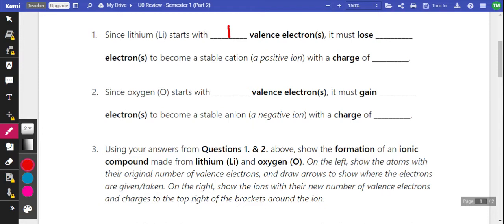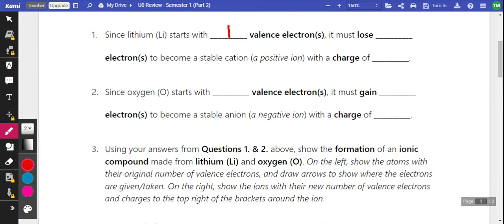The easiest way to figure out if they have the same electron configuration, or how to get them there, is to look at how many valence electrons they have, either moving closer to the noble gas in the same row or backing up to the previous row's noble gas. So if lithium starts with one valence electron and we're trying to get it to be like a noble gas, we could try to get lithium to gain 7 valence electrons to be like neon, 7 spots over.